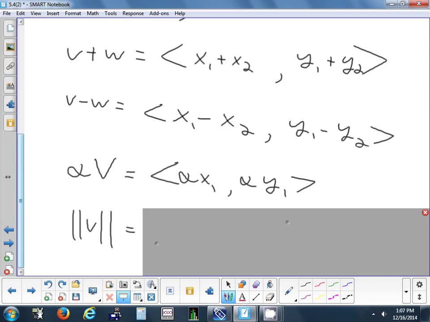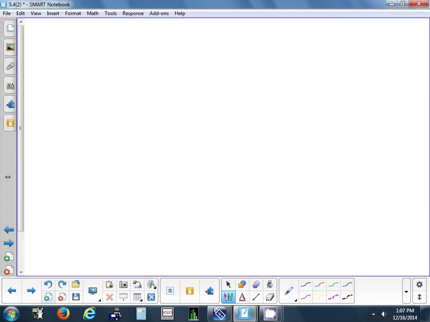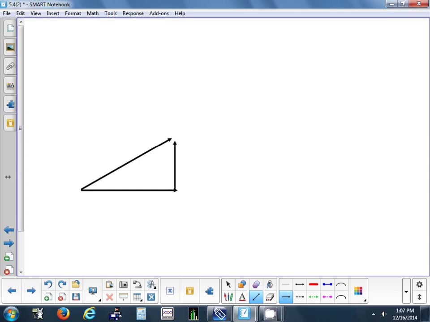Let's take a look at how we get the magnitude of v. Let's say that's v, and it's got two components, the horizontal and the vertical.